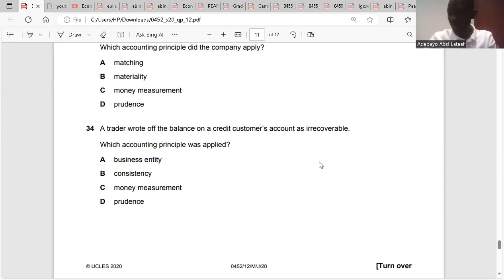This is the principle of prudence. You must not overstate your asset or your profit. You must not understate your liability or your loss. If you don't apply prudence here, you would have understated your liabilities. So 34 is D.